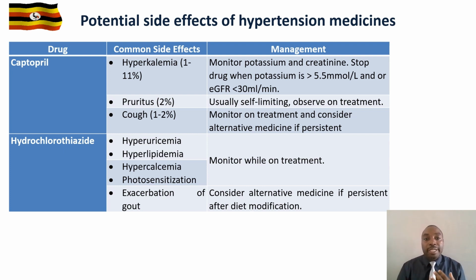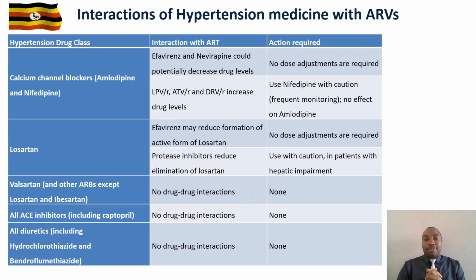We monitor the uric acid, do a lipid profile, monitor the calcium, and if someone has gout, preferably get them off the hydrochlorothiazide and put them on alternative antihypertensives, because uric acid going up will worsen the gout. Also advise on diet modification.